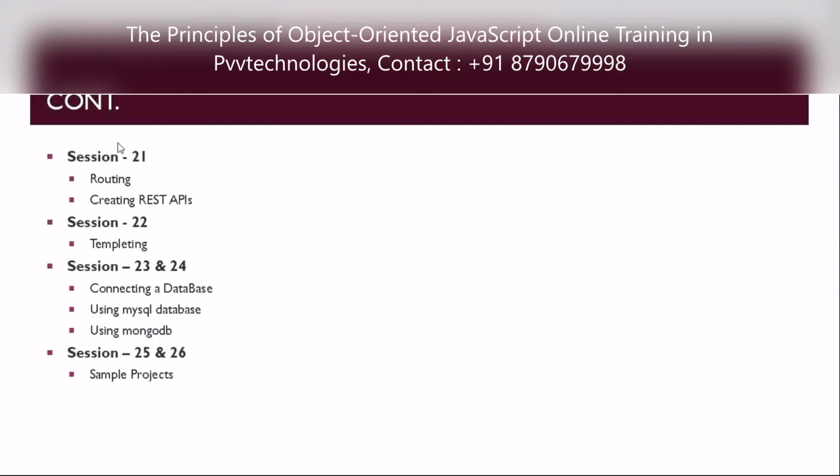We will understand what the differences are and what the benefits are of using these two types of databases, how you can simplify your project, and how to begin with a specific database, because both databases have their own merits and demerits. So we will understand these in sessions 23 and 24.